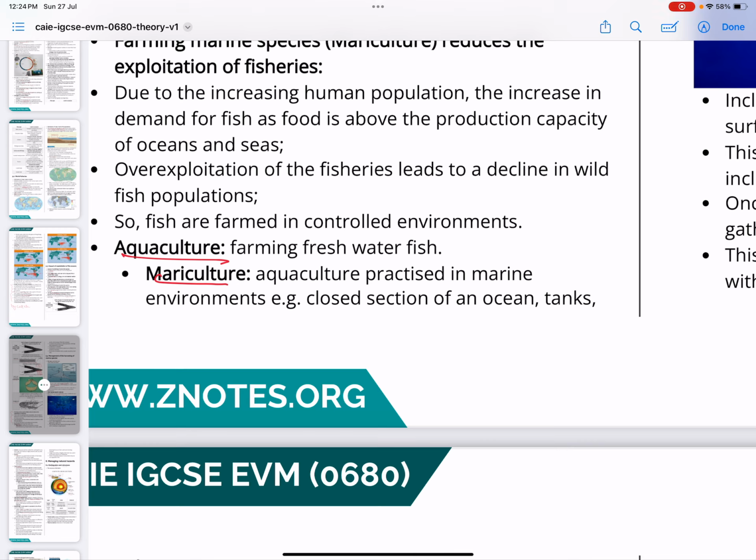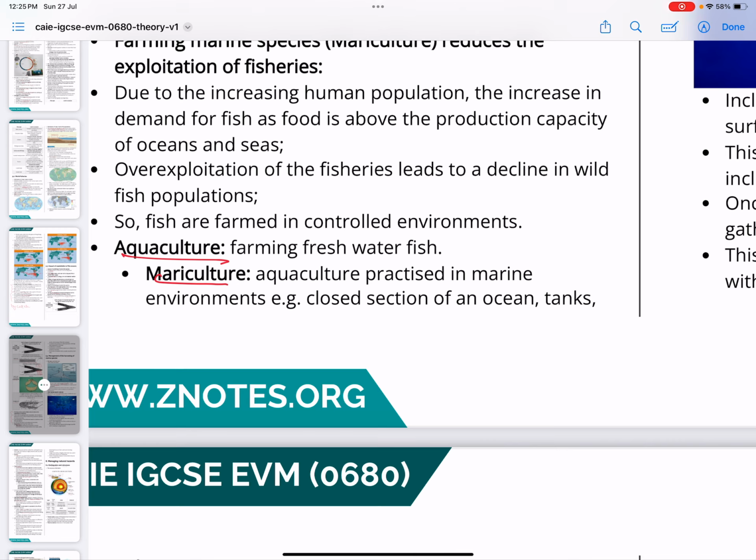For a particular area in the ocean where there are endangered species available, the government can put barriers around that area, and the breeding of those endangered species can be done in that area where the boundary has been stretched. This is basically fish farming which is conducted in the sea, called mariculture.